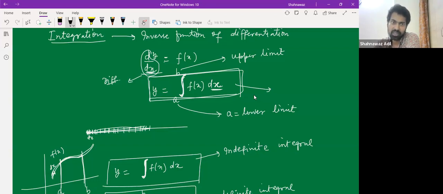But there are lots of uses of integration in the mathematics field and also in the physics field. Let's say you have some speed given, and you want to calculate the position or the path of that object. Then you can calculate it with this integral.